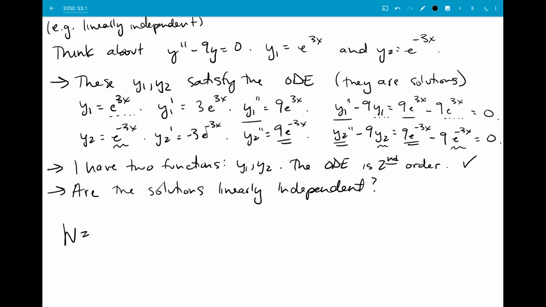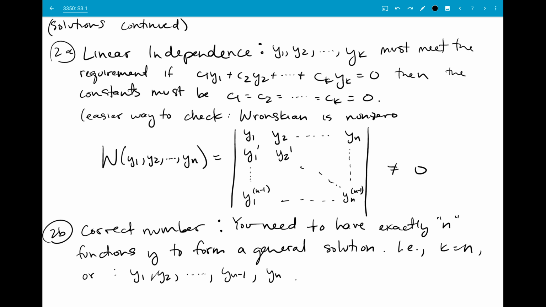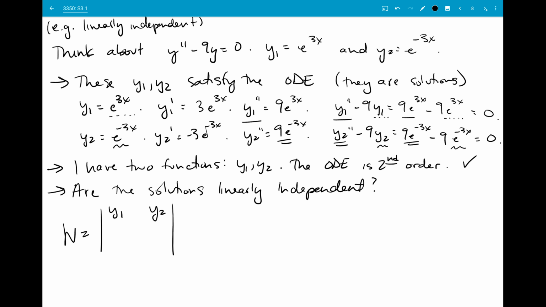And so I do that by calculating my Wronskian, which I said is a determinant. We'll worry about what that means in a second. But I said you put your y's on the top row, and then you take derivatives down until you have a square shape. So since I have two solutions going this way, I have to make sure I have two derivatives going down. That's what I mean by a square shape. You have as many rows as you have columns. So my first row is y1, y2, 2 columns.